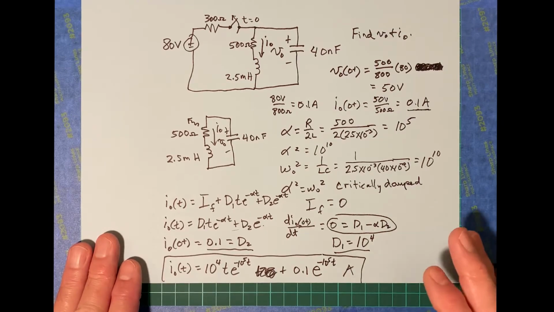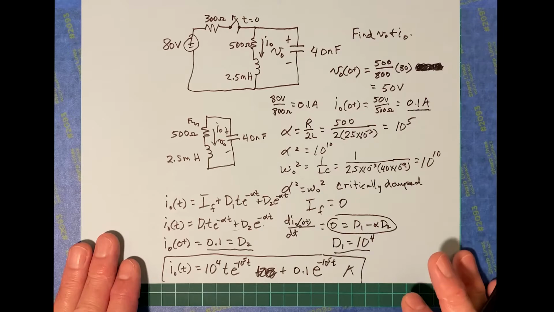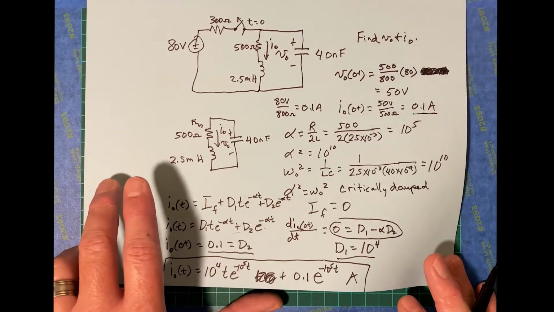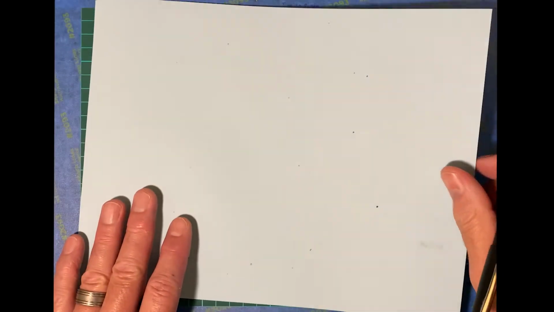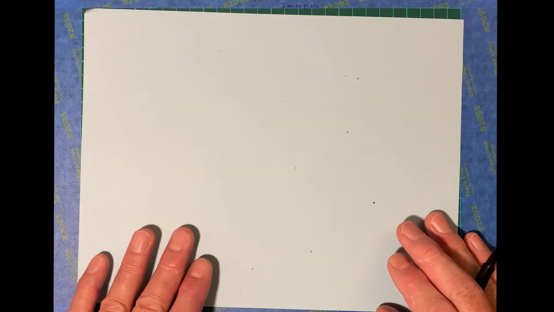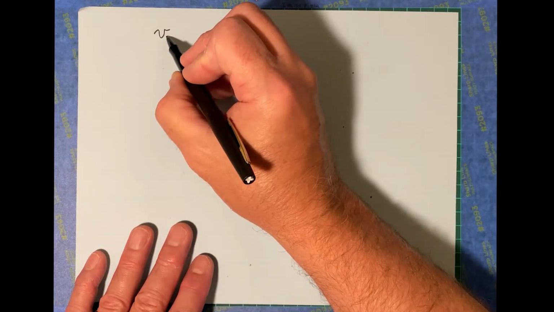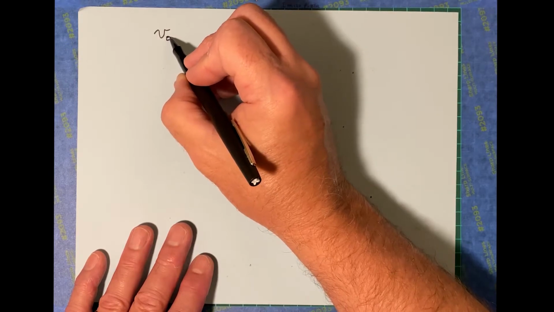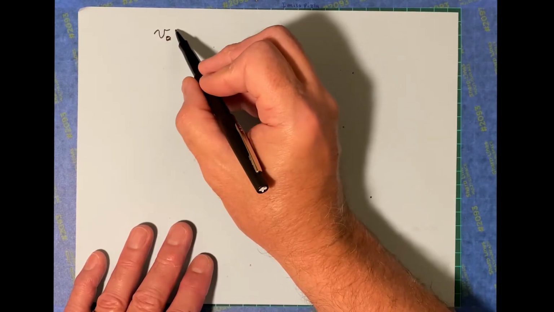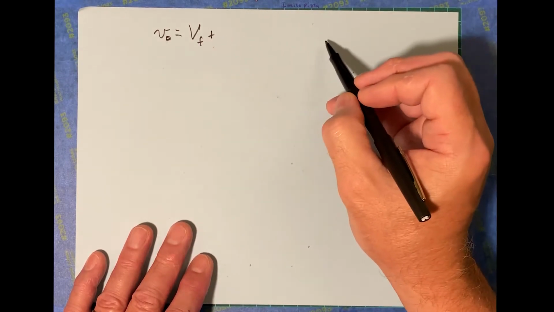All right. Now we're also asked to find the voltage, and that's the voltage across the capacitor. You realize there's only one current for our loop here, so there are multiple ways to get it. We could say the voltage across the capacitor, which we've called v naught, is of this form: v final plus the natural response.